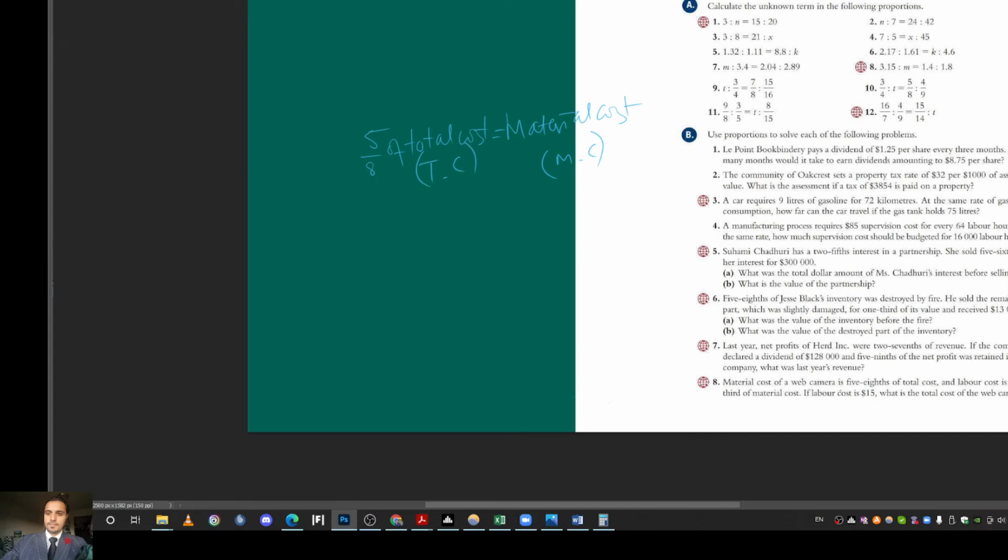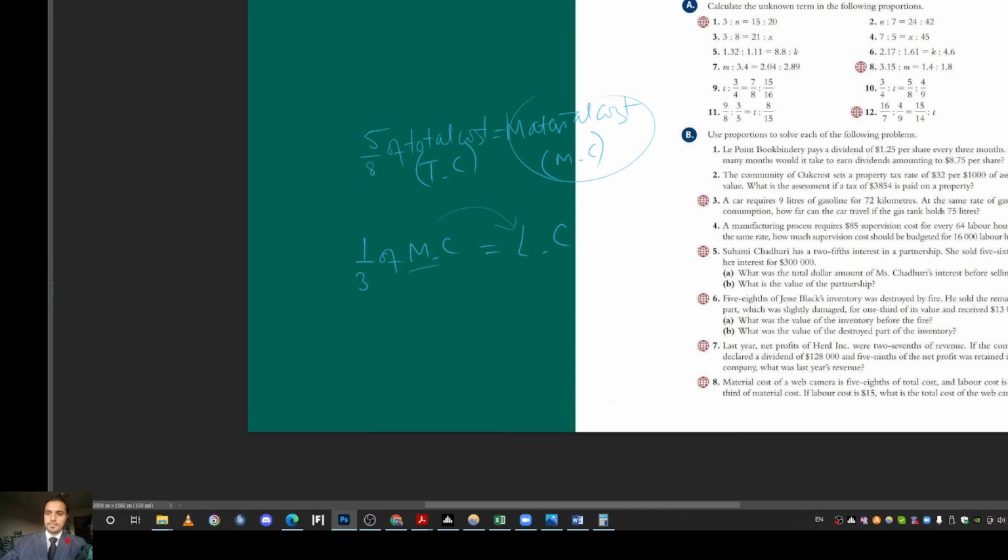And labor cost is 1/3 of the material cost. The labor cost, let's write that as 1/3 of MC equals labor cost, LC.